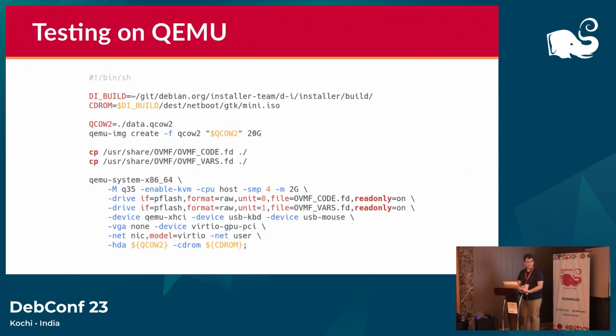Here's a sample script of how to run things in QEMU. You get the mini ISO, you create a qcow2 hard disk for it, about 20 gigabytes. You copy some files for EFI boot support, and those two are just optional.